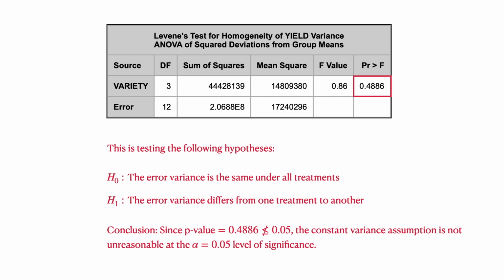It's quite large. And so since the p-value is not less than or equal to 0.05, the constant variance assumption is not unreasonable at the 0.05 level of significance. We would not reject the assumption or the hypothesis that the error variances are the same across the 4 varieties.